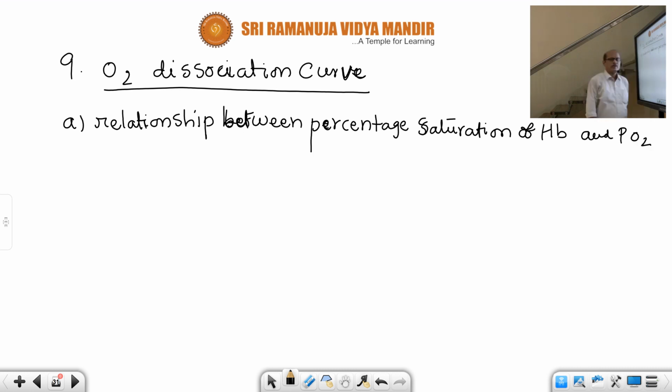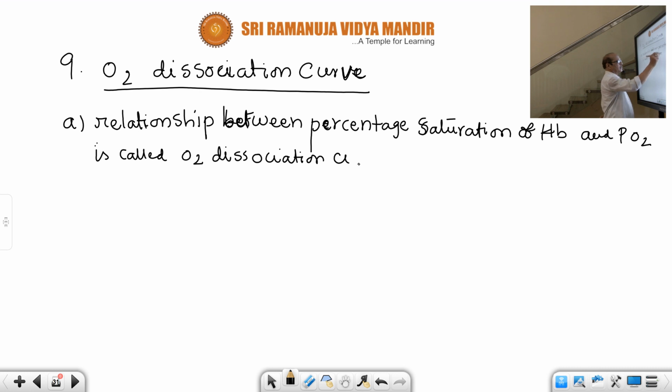PO2 means partial pressure of oxygen, is called the O2 dissociation curve. Thus you have to define the O2 dissociation curve: the relationship between percentage saturation of hemoglobin and partial pressure of oxygen is called the O2 dissociation curve.